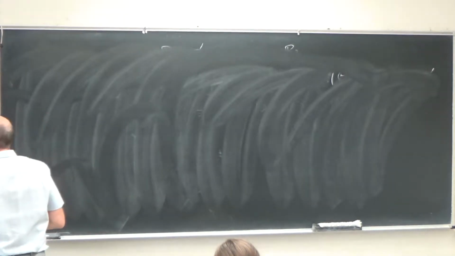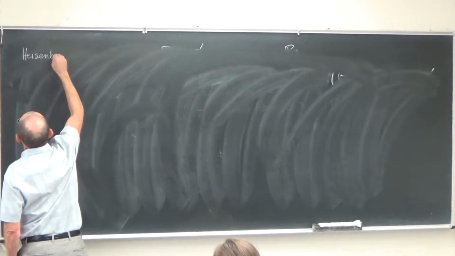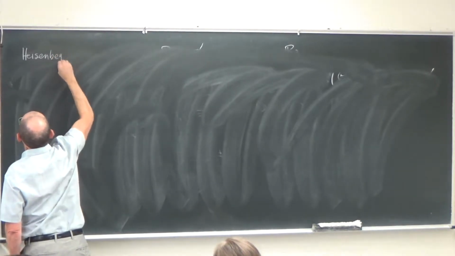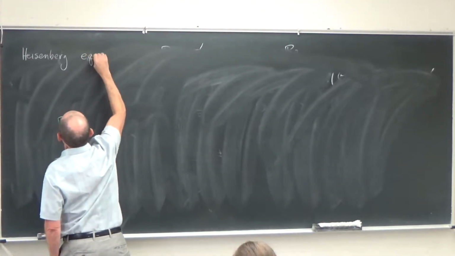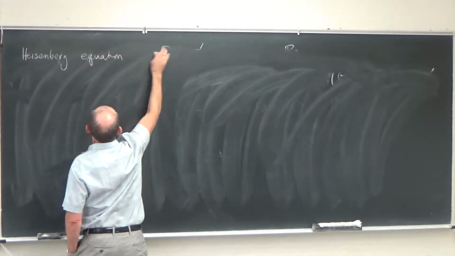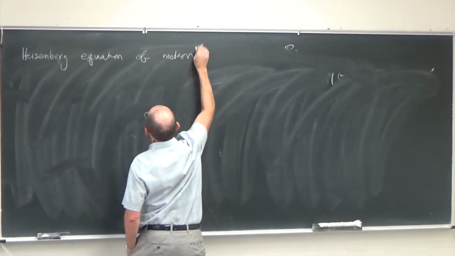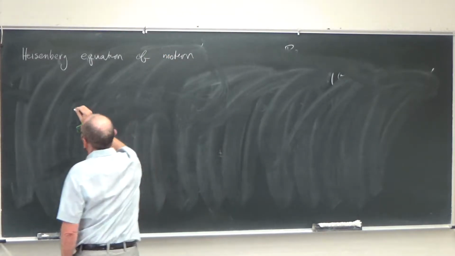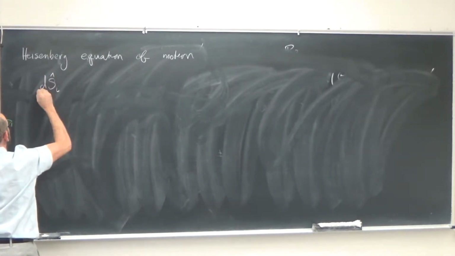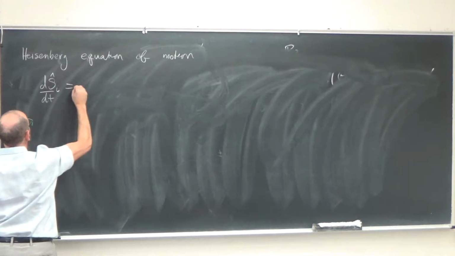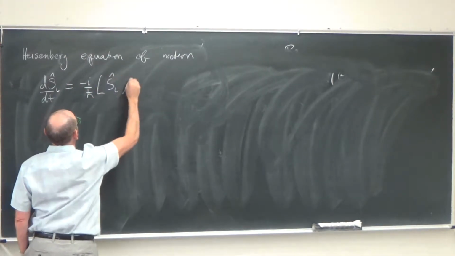If I looked at the Heisenberg equation of motion, let's look at the equation of motion for one of the components of spin angular momentum. According to our Heisenberg equations of motion, I get that by commuting this with the Hamiltonian.